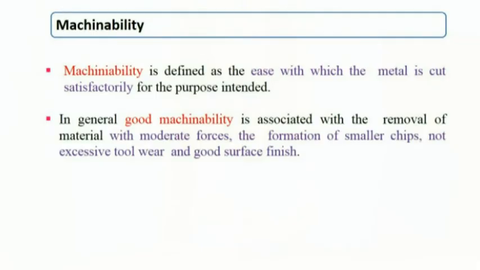So what is good machinability? If during machining the cutting forces are moderate, the chips formed are smaller in size or constant, the surface finish obtained is good, and there isn't any excessive tool wear, then we can consider that the machining condition is good.